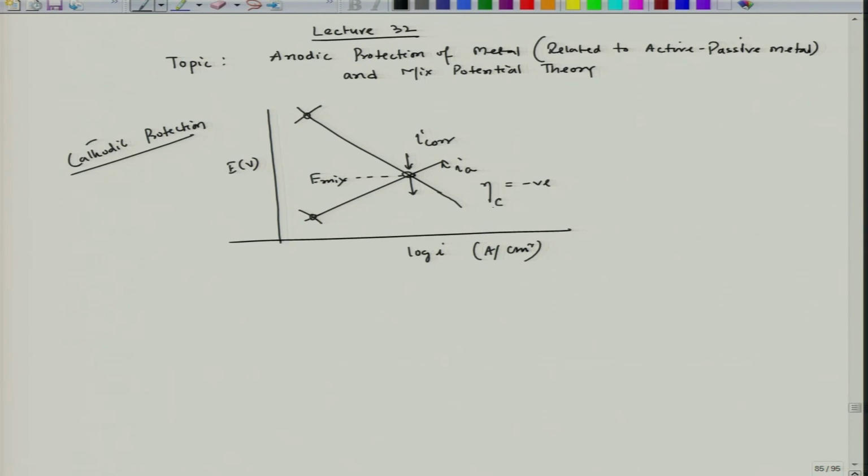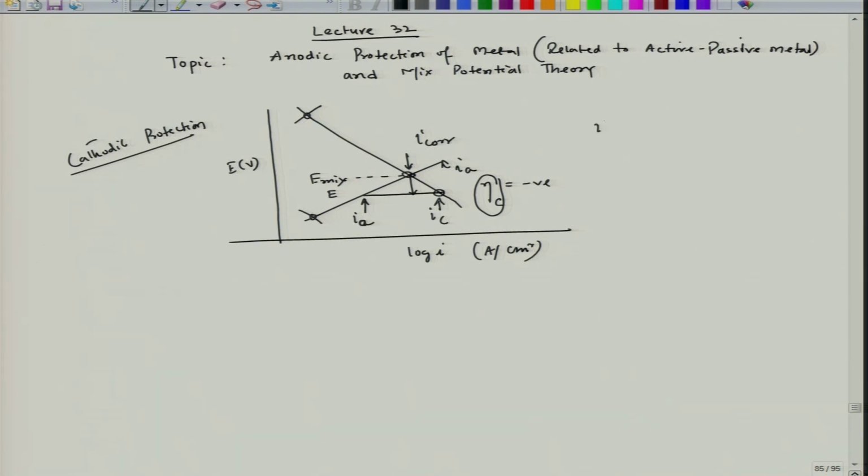So, that is what becomes cathodic overvoltage. From this stabilized potential, if you go downward and keep the potential at this location, you could see that your cathodic reaction on the metal surface increases because I C would be here, but corresponding I A would be at this location.